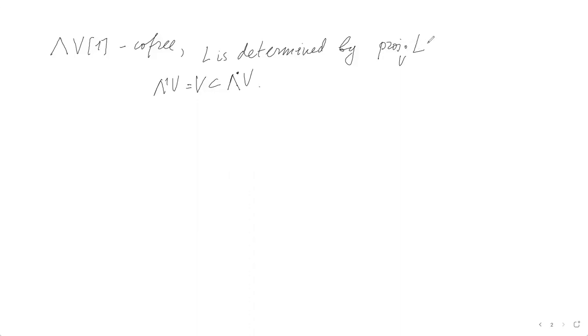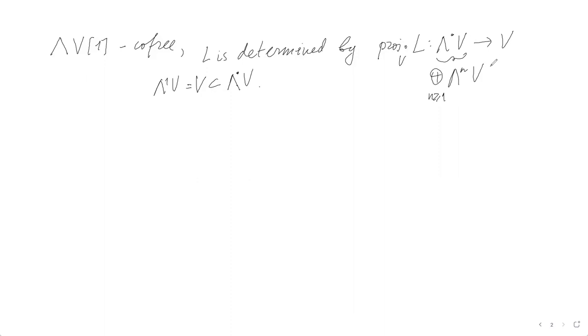So when we take this projection, it gives us a map from lambda dot of V into V. I'm omitting the shift for the sake of brevity. Since this is just the direct sum of lambda n of V for n greater or equal to 1, probably better to begin with 1.